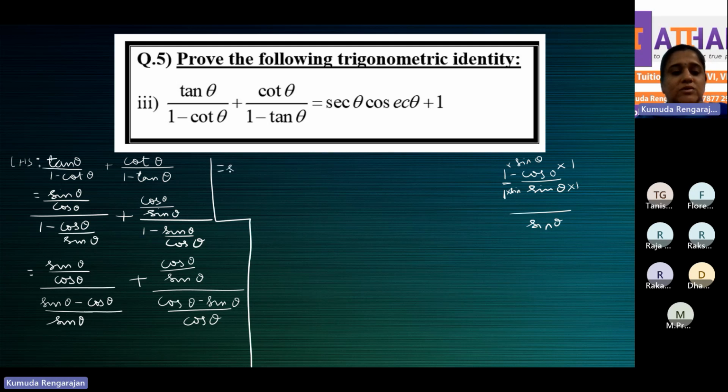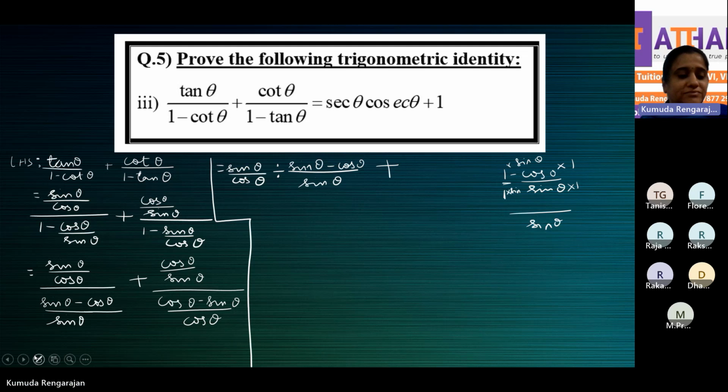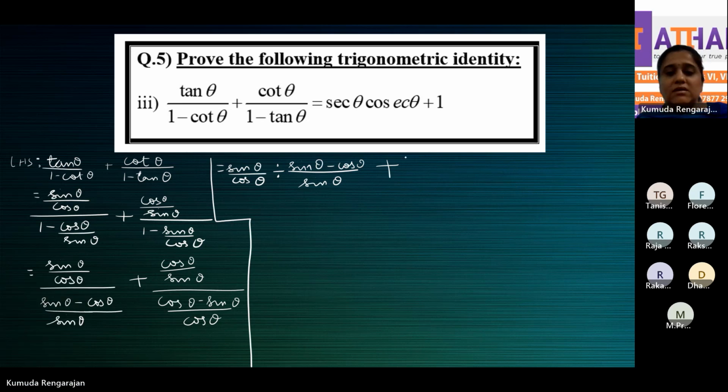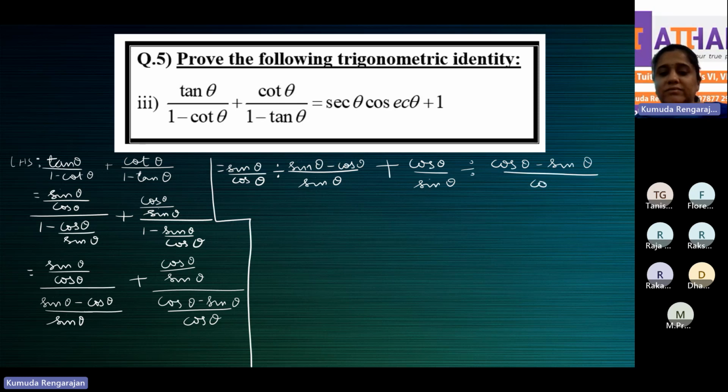Now this is equal to sine theta by cos theta. I'll give you one extra step. Let me write it like this: divided by sine theta minus cos theta by sine theta, plus cos theta by sine theta divided by cos theta minus sine theta by cos theta.